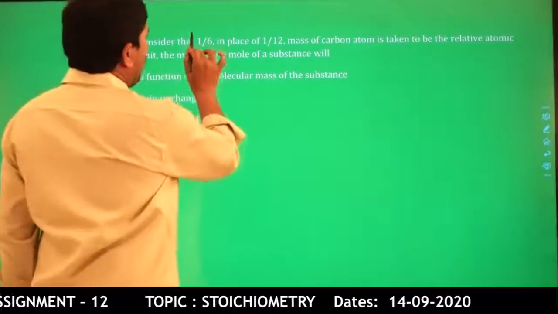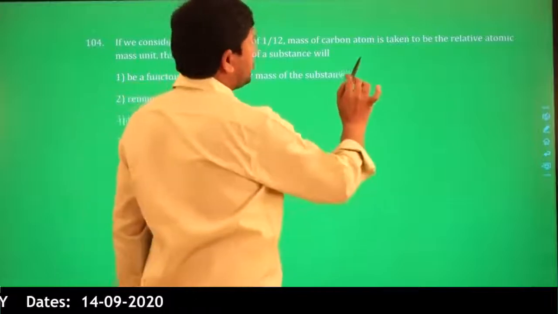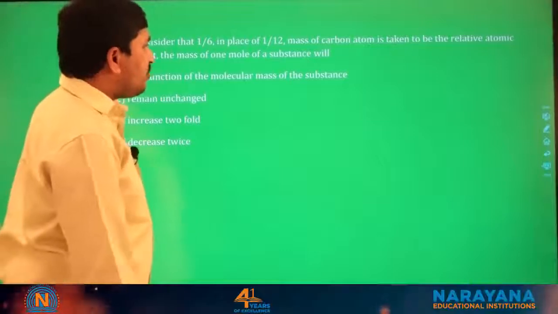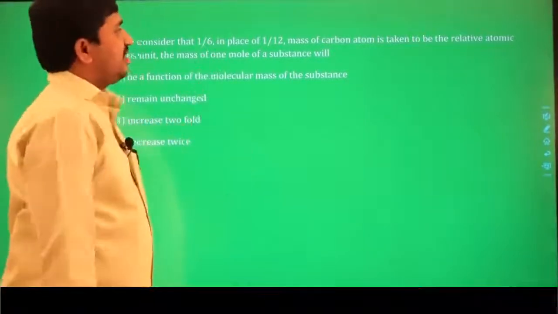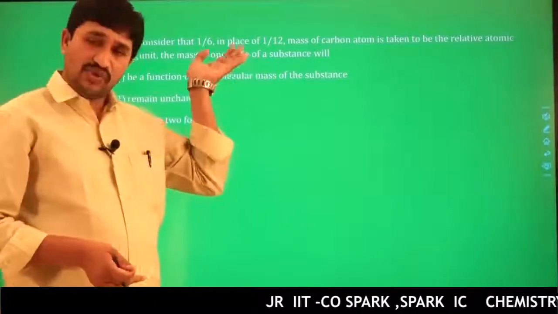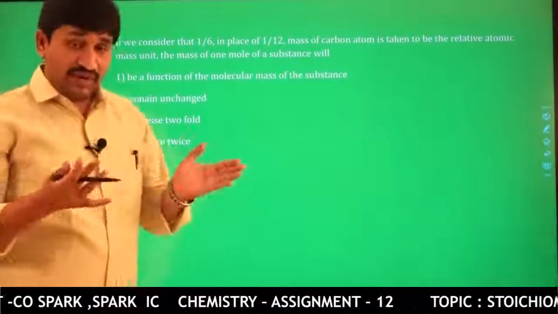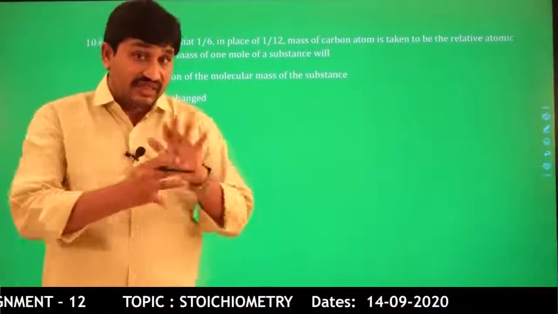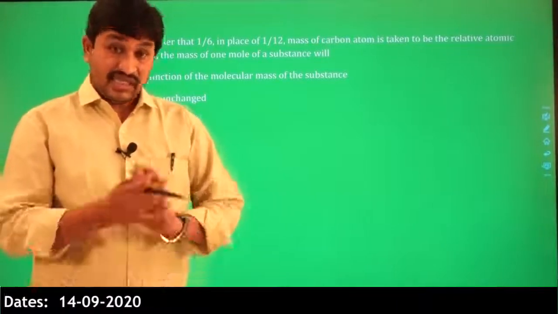If we consider that 1/6th in place of 1/12th of the mass of a carbon atom is taken as the relative atomic mass, the mass of 1 mole of substance will be... whatever the fraction changes, 1/12 to 1/20 to 1/100, the mass of 1 mole of substance is always constant, it never changes, because the mole concept is measured at STP condition.